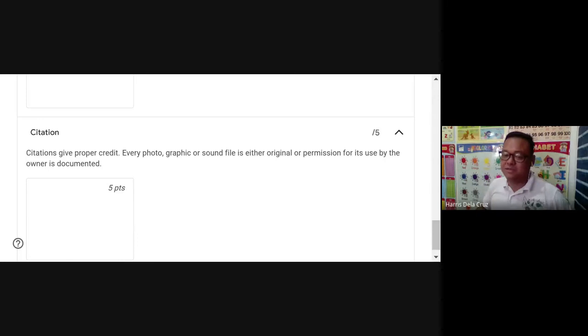So as much as possible, if it's not a fair use, ibig sabihin hindi siya common use, yung license niya, kailangan mag-acquire kayo ng permission from the original author. Okay, so we don't want any plagiarism. Again, plagiarism is punishable by law. So we don't want any copyright violations in your presentation.